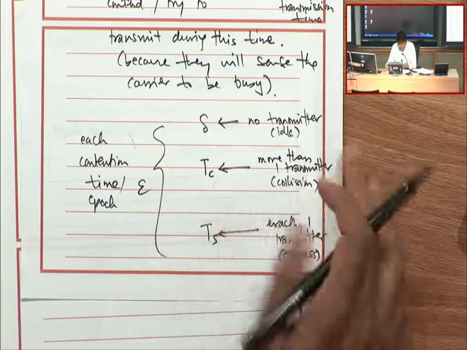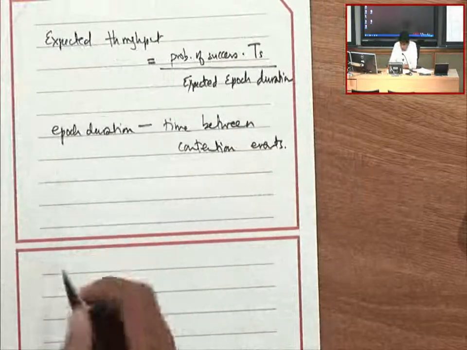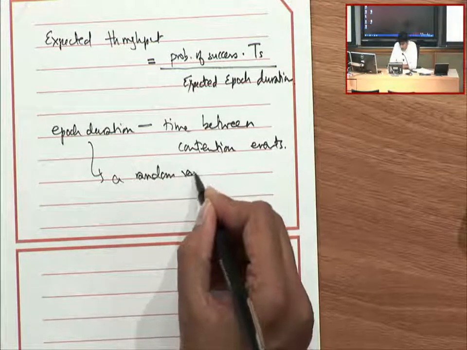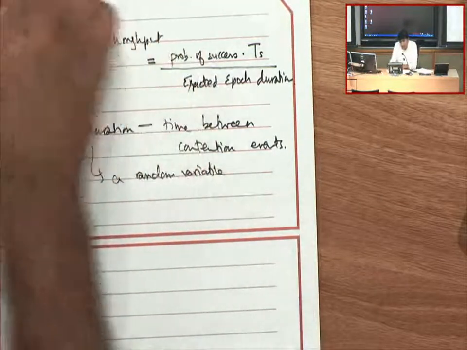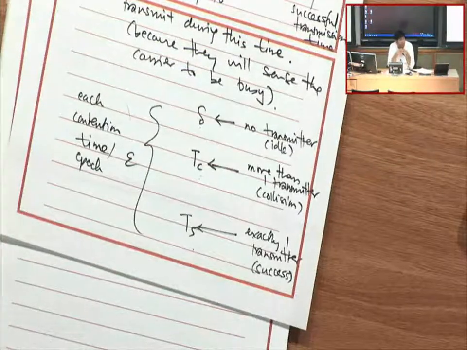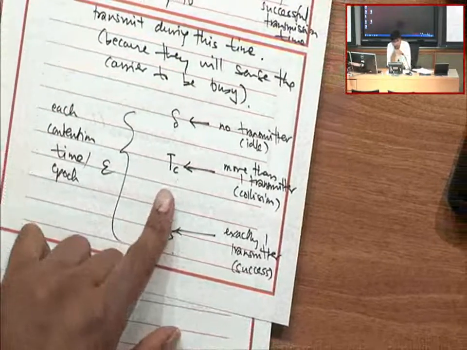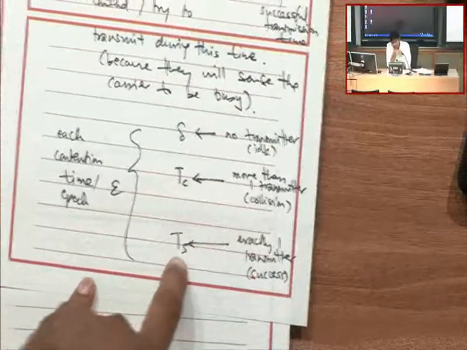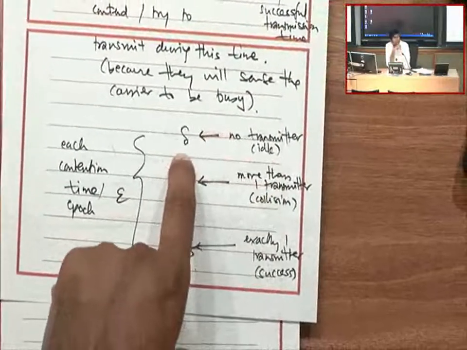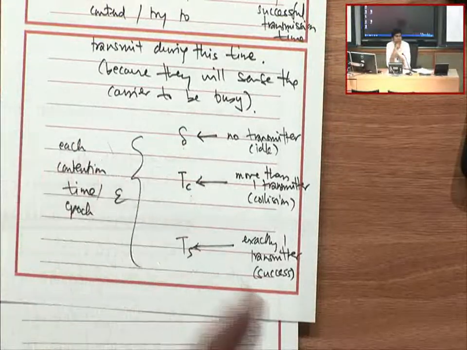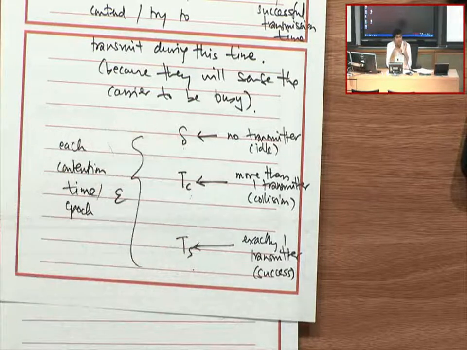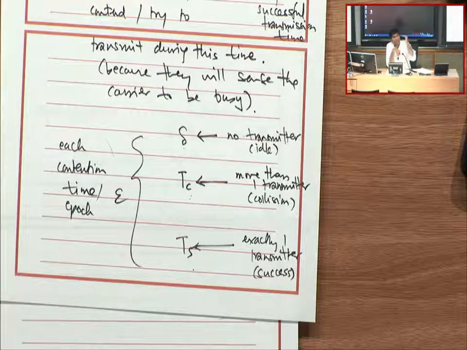It's a random variable. Is it a continuous random variable? Is it a discrete random variable? In general, it could be continuous. But in the model that we're adopting, every collision lasts exactly TC, every success lasts exactly TS, and every idle time lasts exactly delta. So these are just three particular values, and the epoch duration can only take on values delta, TC, or TS. So it's actually discrete. It's a random variable that takes on one of three values.